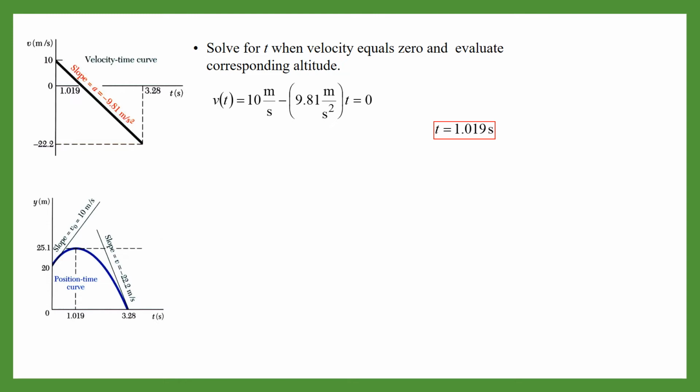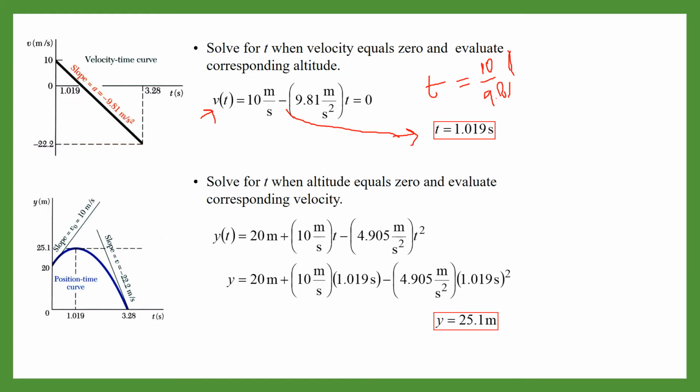This is our equation for V: V is equal to 10 minus 9.81 T. We put this as 0 and solve for T. You simply take it to the RHS, so T will be 10 divided by 9.81. So T is 1.091 second.